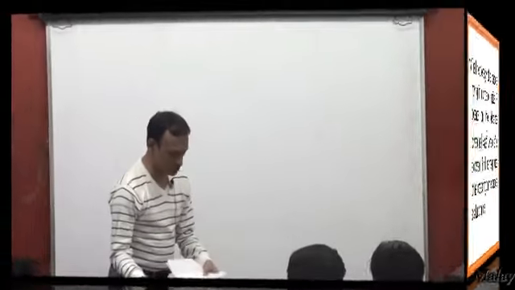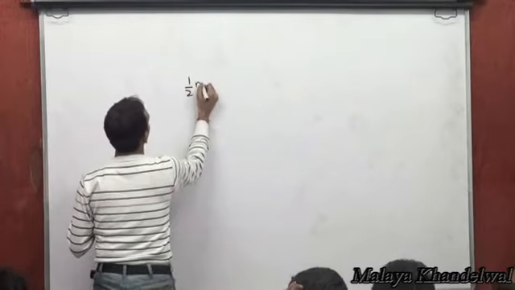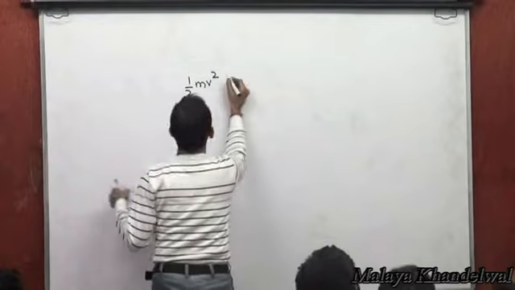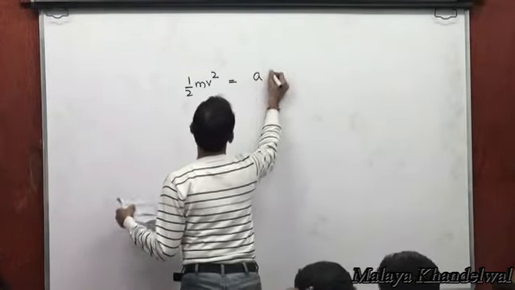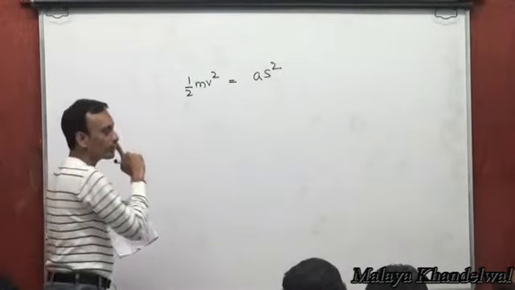This is very simple actually. The kinetic energy of a particle moving in a circle of radius r depends on the distance covered s. So half mv squared, with s the displacement along the circle, half mv squared is a s squared, right? That's the kinetic energy.